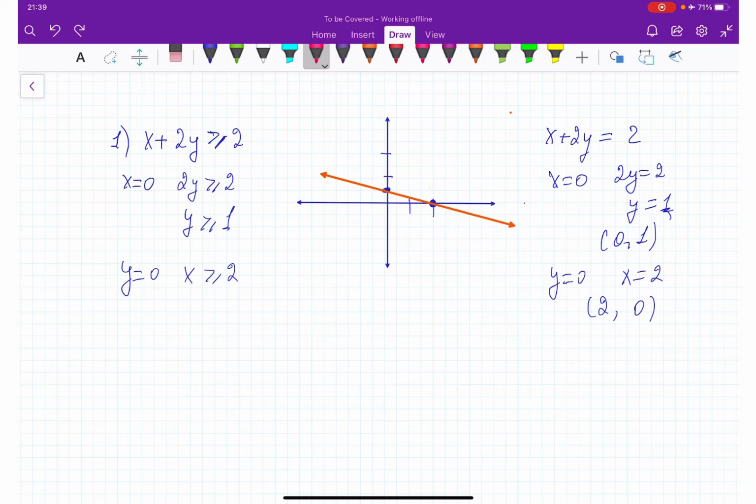So what do we have here for the shading area? We have y greater than 1, and when y is equal to 0, x is greater than 2. Greater than 2 is coming this way, yes? So our shading area is going to go this way. All right? Okay, we have it.